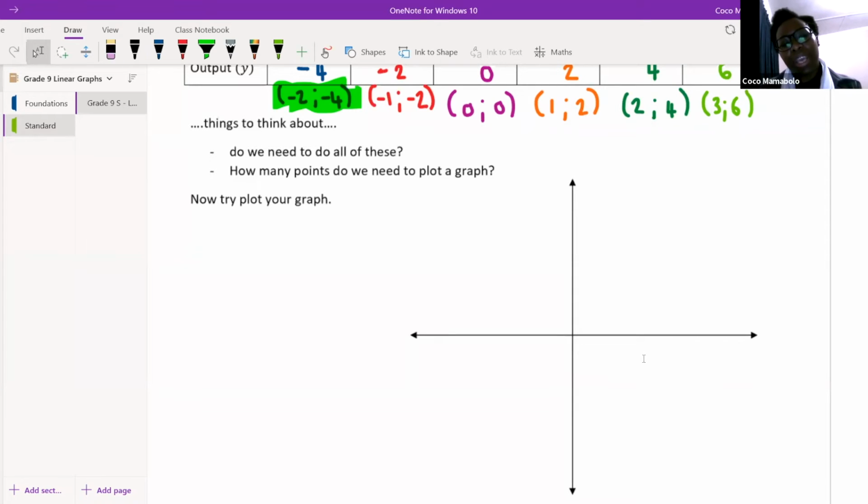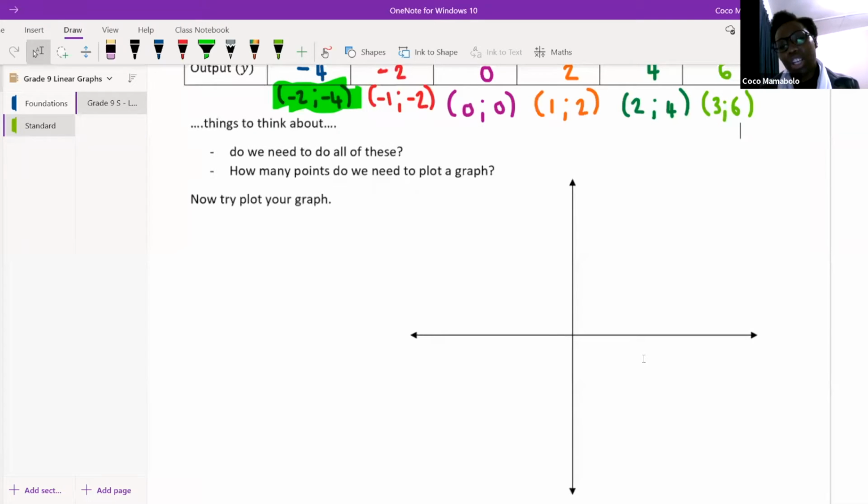How many points did we have when we drew our graph? You guys remember? Nico says 2, and Nico is absolutely correct. We had 2. We had an x-intercept and we had a y-intercept. We had 2 coordinates. So in order for me to draw any graph, how many points do I actually really need?